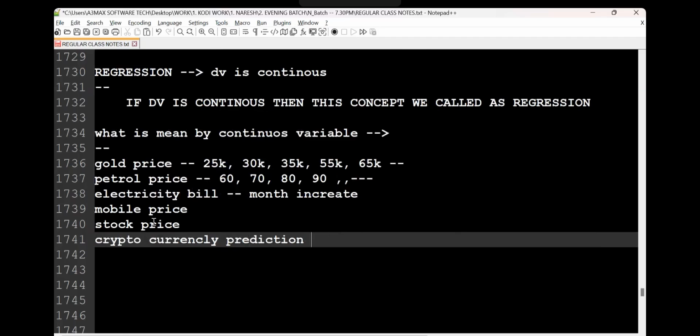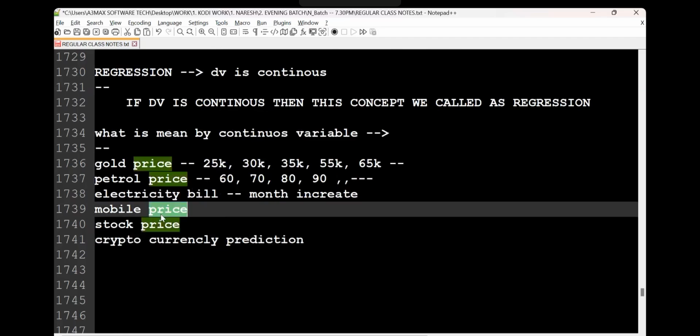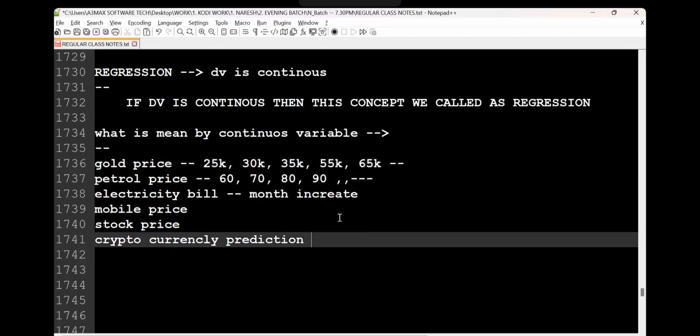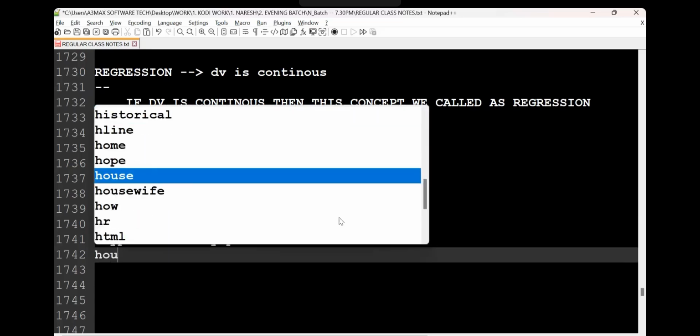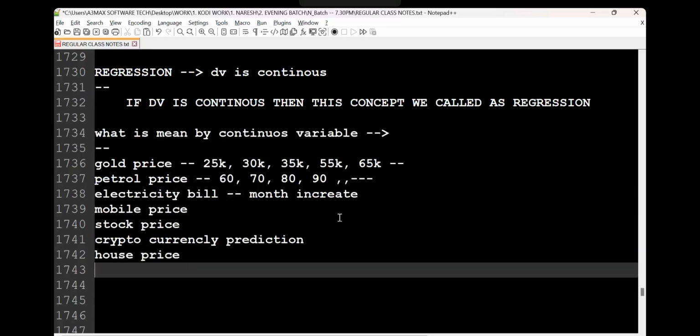So guys, now are you connecting? If I give you these examples, do you understand what is meant by continuous variable? Now, whatever examples I'm giving you, is it real time or not? It is real time. House price.